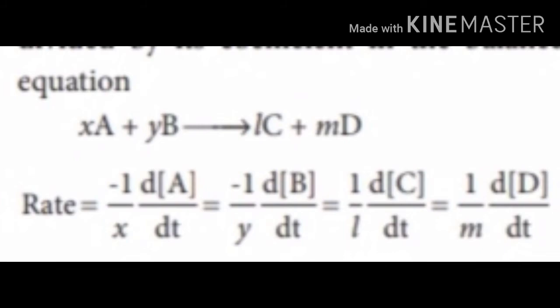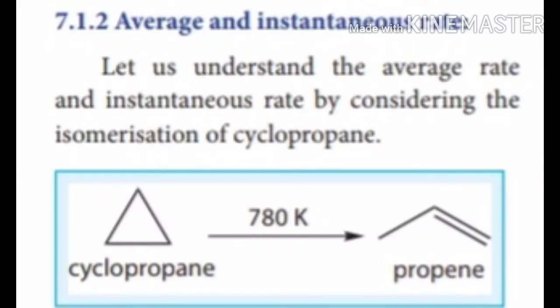Average and instantaneous rate. Let us understand the average and instantaneous rate by considering the isomerization of cyclopropane.